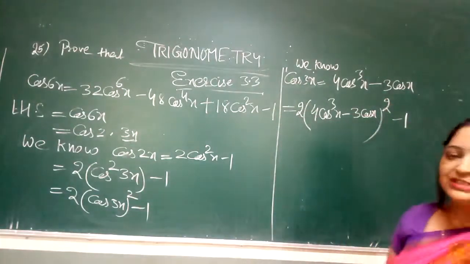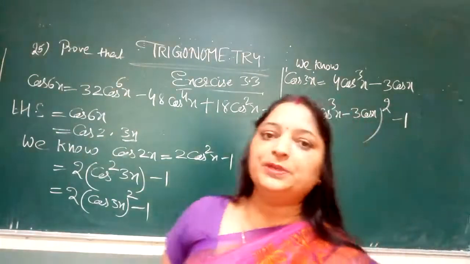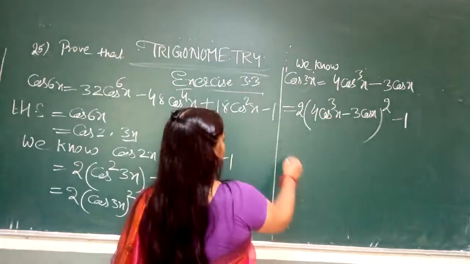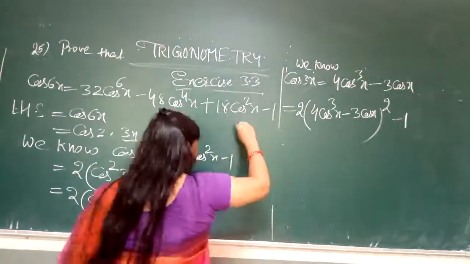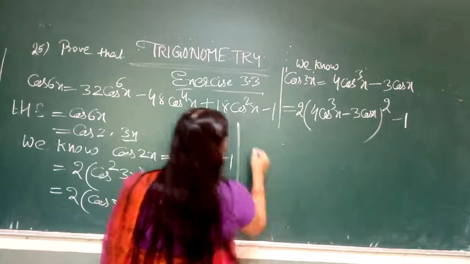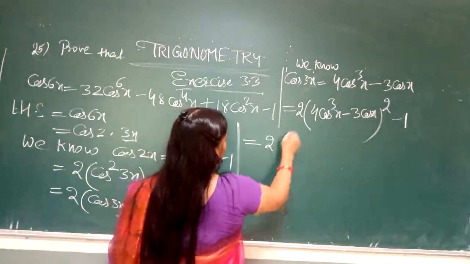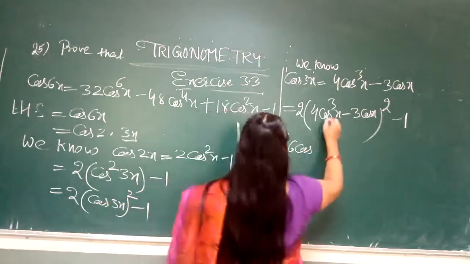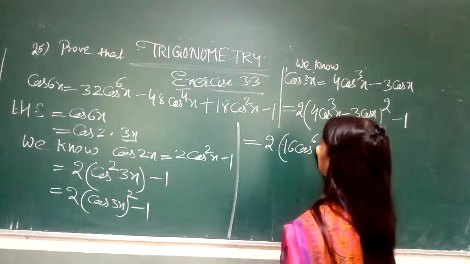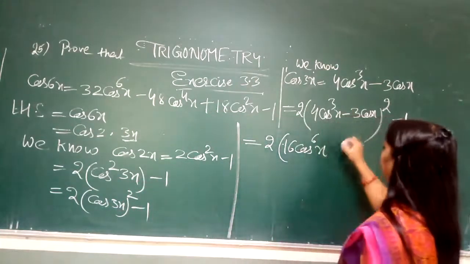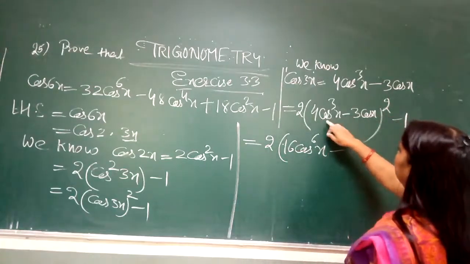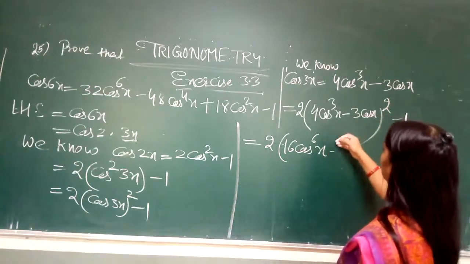Now students, what is your next step? You will open the square. We will open it as (a minus b) whole square. So what will come here? 2 into a square, so 16 cos cube x whole square, it will come 16 cos 6x, a square plus b square minus 2ab.